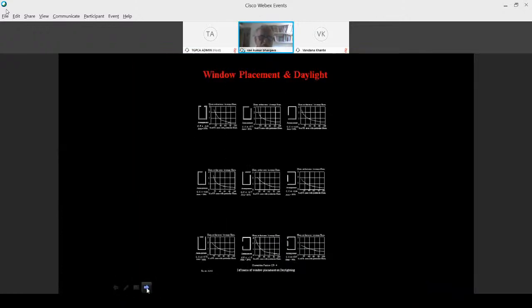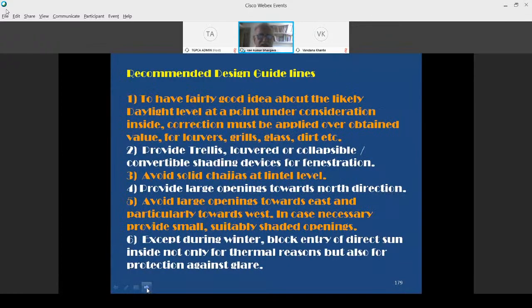Recommended design guidelines. To have a fairly good idea about the likely daylight level at a point under consideration, provide trellis, louvered or collapsible convertible shading devices for penetration. Convertible or adjustable shading devices are very useful. Avoid solid shading.